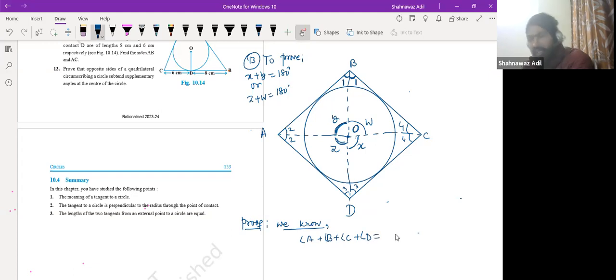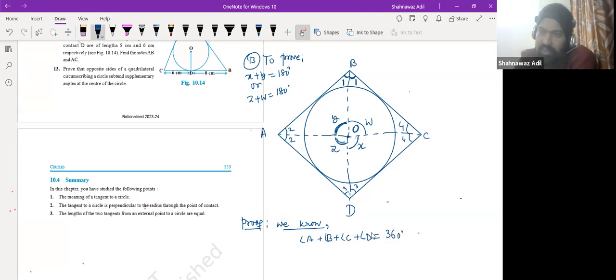How much would that be? 180. So these are the angles of what? ABCD. Sorry, 360. These are the inside angles of a quadrilateral, so this would be 360.